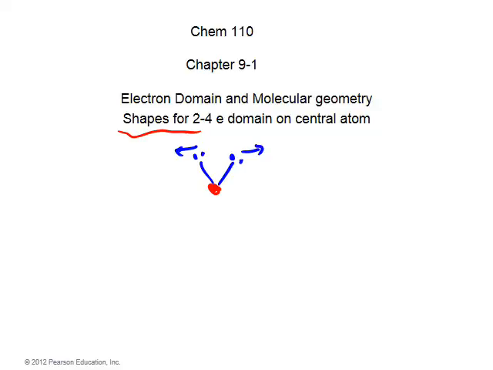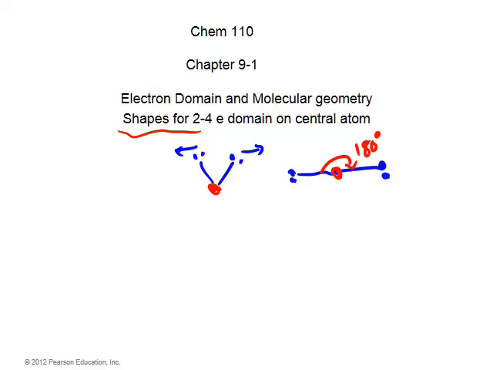The neighbors want to stay farthest away from each other. So within this circular area, the farthest they can go, as you all know, will be like this, and our central atom remains the same. So this would be the best shape due to electron pairs, and the angle is, as you all know, 180 degrees.